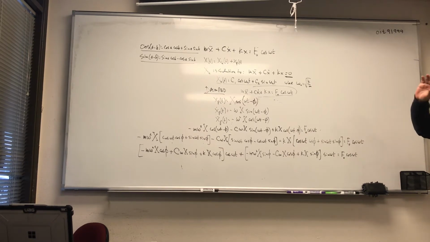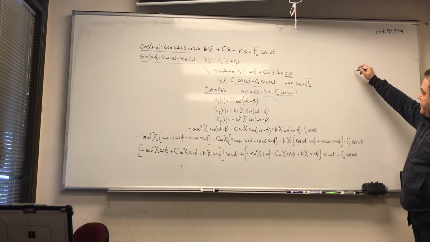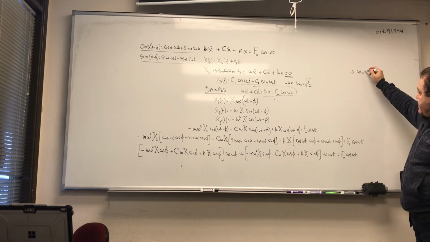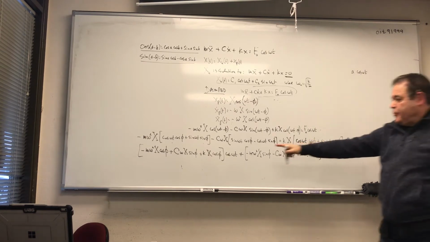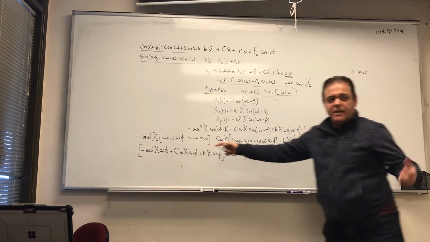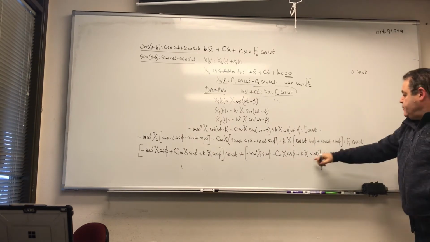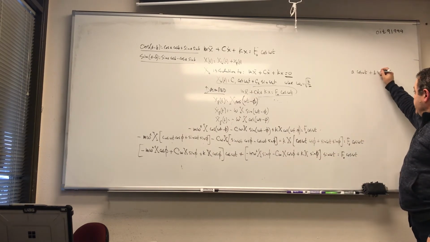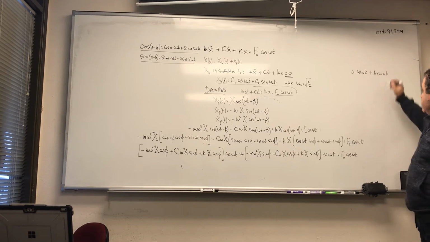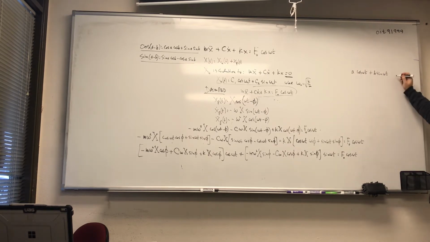Let me simplify something for you. If you have a cosine omega t, do you agree this would be just something, right? And then plus b sine omega t is equal to c times cosine omega t.